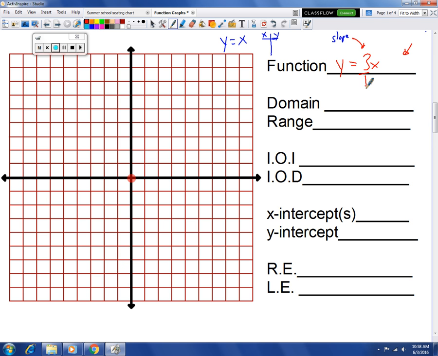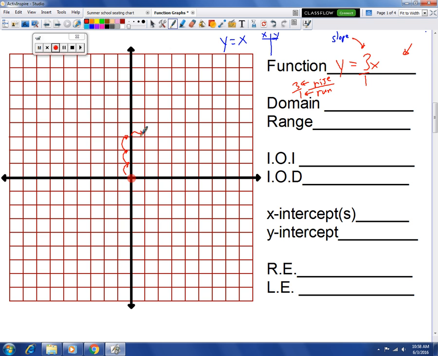Slope is rise over run. So if I have 3 over 1, my rise is 3 and my run is 1. On this first dot, I count up 3, so 1, 2, 3, and go to the right. That's what run would be.